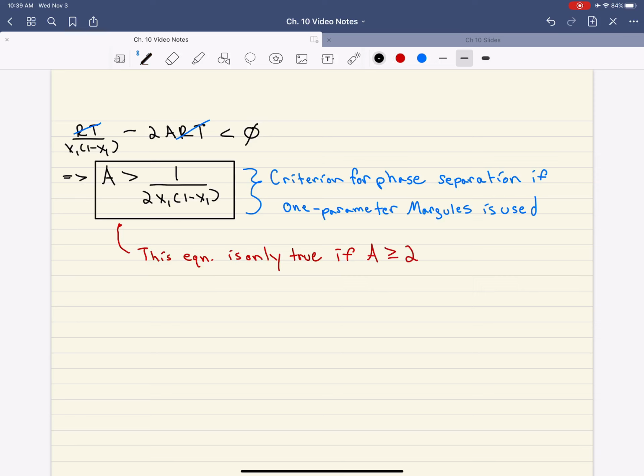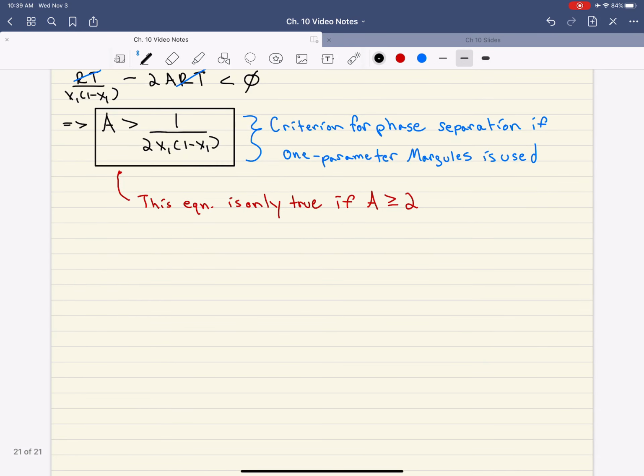Okay? And so to illustrate this, or just to emphasize why this relation is useful, remember that in the one parameter Margules equation, our A is actually A naught over RT.